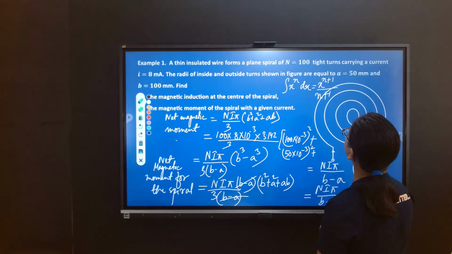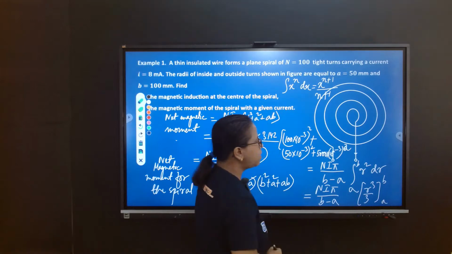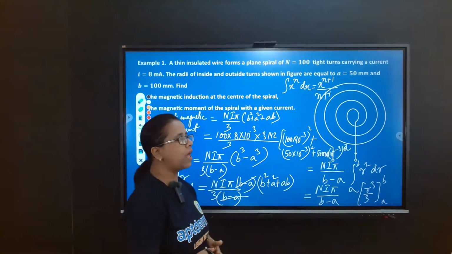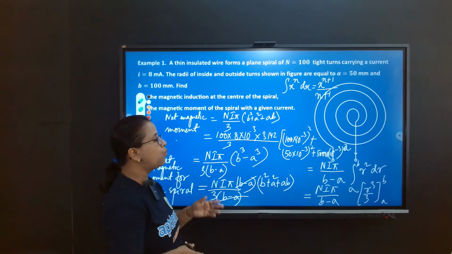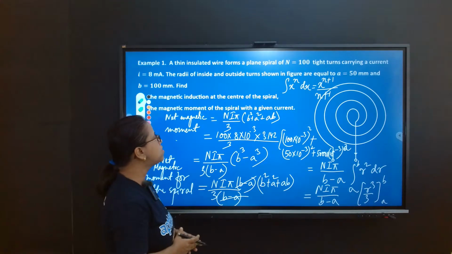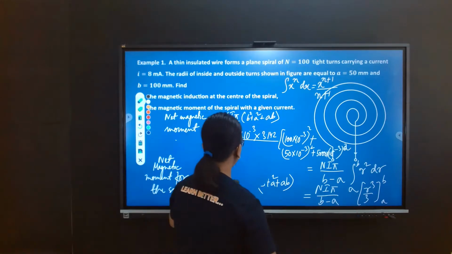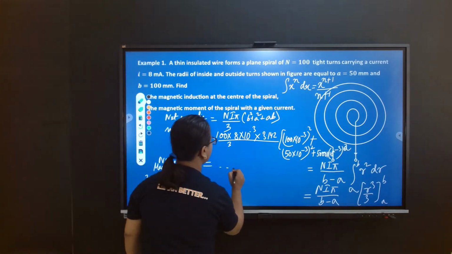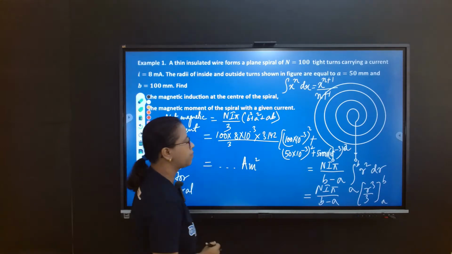So we have that as 50 times 100, that's 5000, times 10 to the power minus 3 whole square, which is 10 to the power minus 6. So finally we can solve this and get a numerical value for the net magnetic moment, and the answer that you get here will have the SI units, which is ampere meter square. So work this out further and get the result.